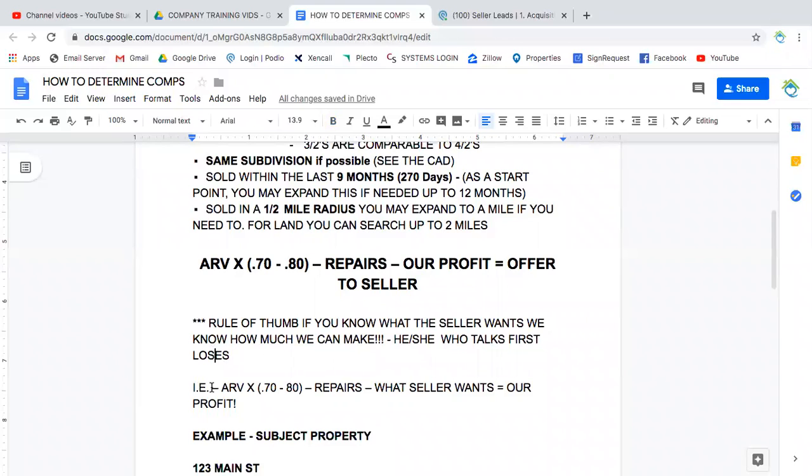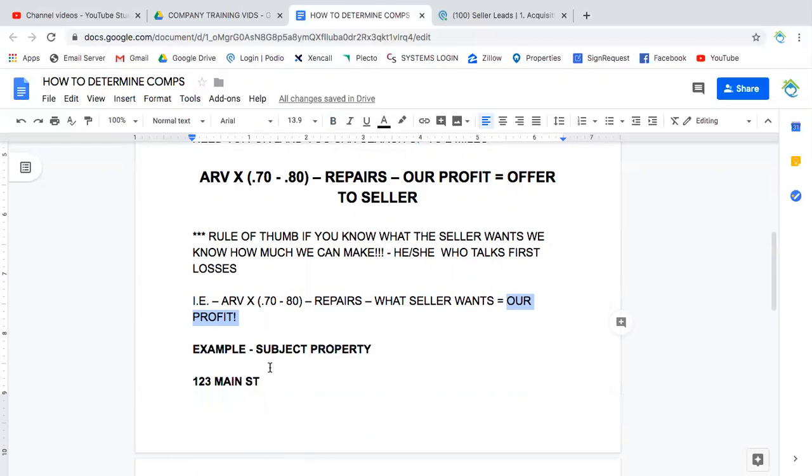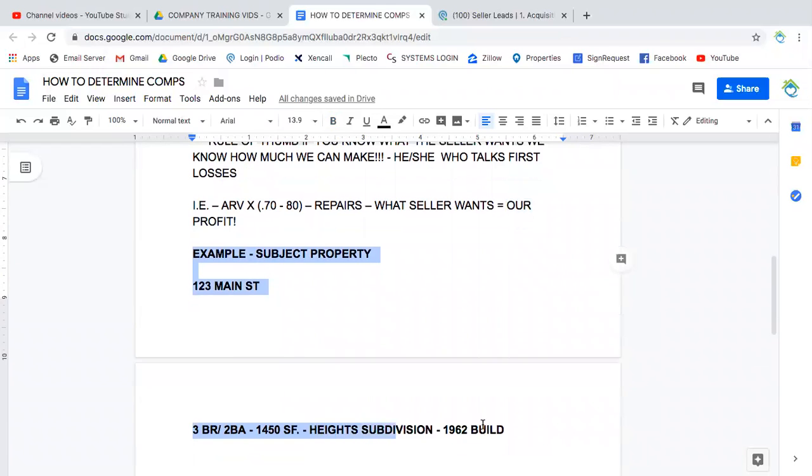So, spell that wrong, loses, hopefully I got that right. So, an example, ARV, after repair value times 0.70 minus repairs minus what the seller wants or is asking, leaves us with our profit. So let's just say we have a formula. I'm going to clear this out.